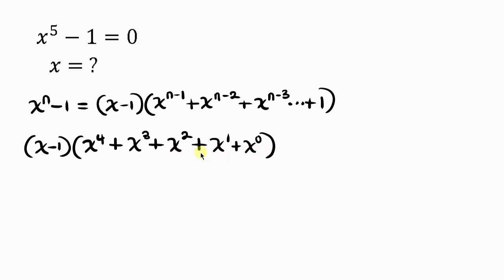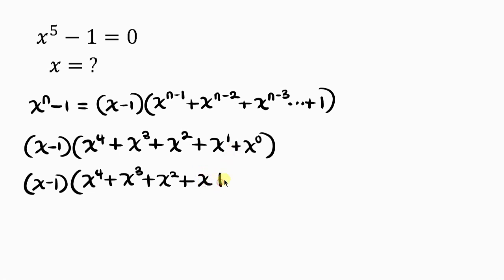So on simplifying further, we're going to have x minus 1 times x to the 4th plus x to the 3 plus x squared plus, now x to the 1 is the same as x, plus x to the 0 is 1. And this is equal to 0.